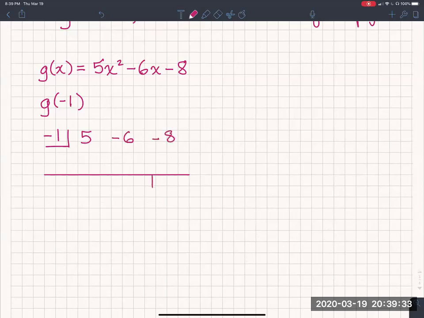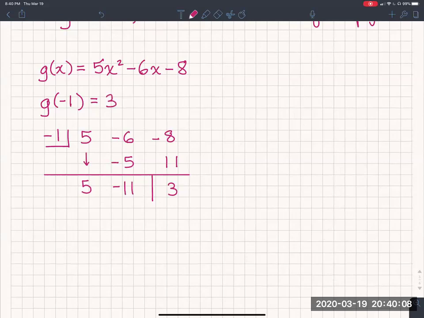And below the last coefficient, I put a box so that whatever is in that box is the remainder. So remember how I do synthetic division. I bring the first number down the way it is, multiply it by -1, whatever number's in the box. And then I add -6 plus -5 is -11. -11 times -1 is 11. And then -8 plus 11 is 3. So that means g of -1 is 3.